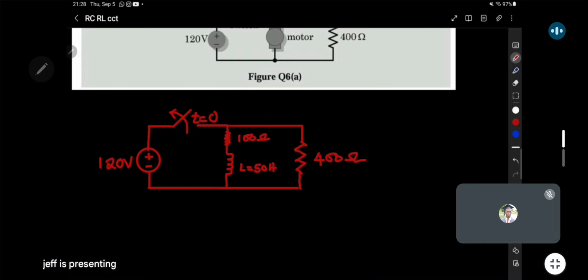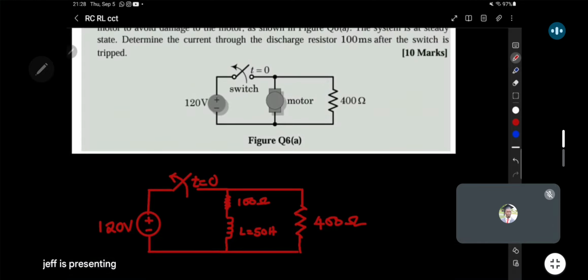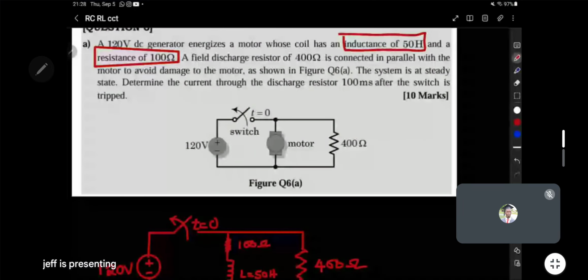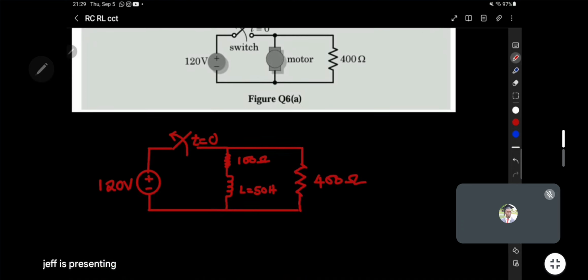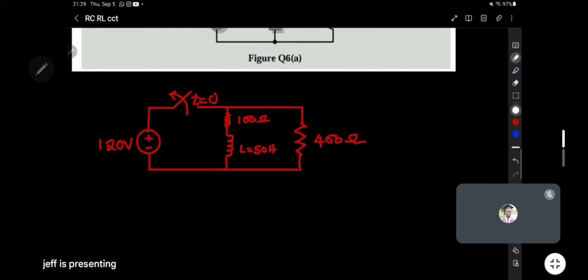Now they want us to find the current that gets to flow. So where they're saying steady state, determine the current through the discharge resistor after the switch is tripped. So after the switch is tripped, they're just saying after the switch is opened there. So to determine the current that will flow through that resistor, let's label the current that gets to pass here after the switch is opened as i(t).